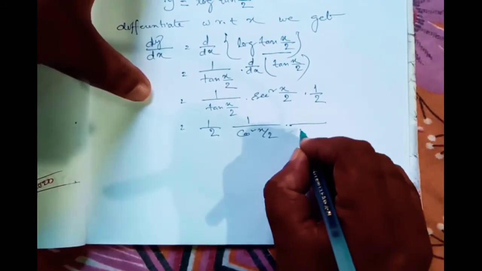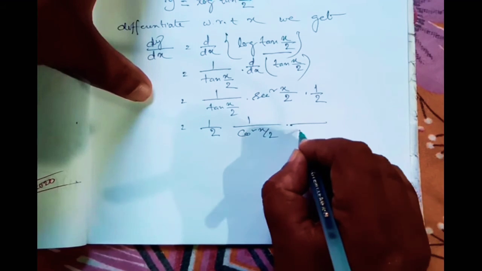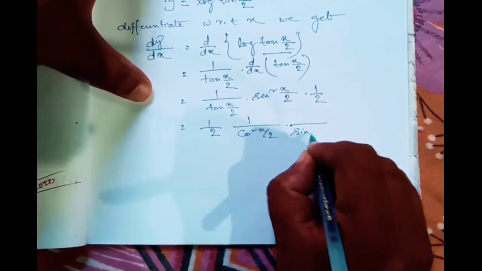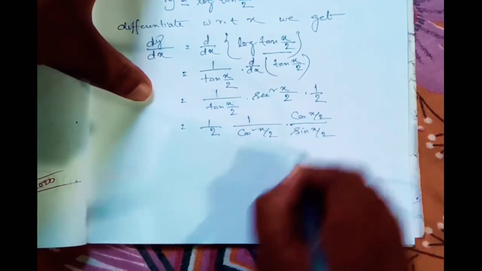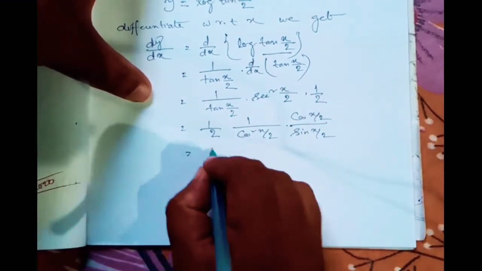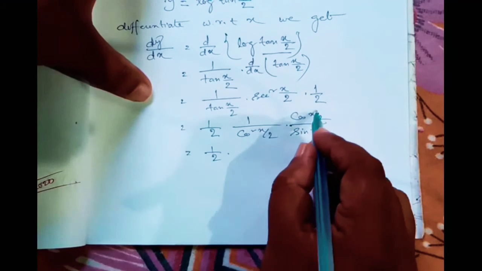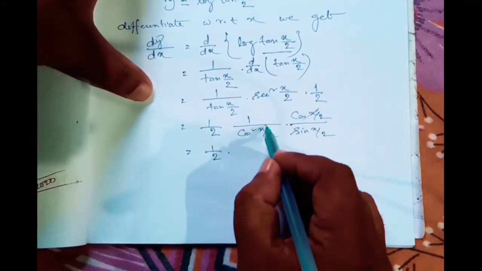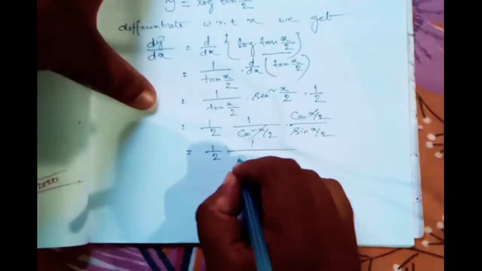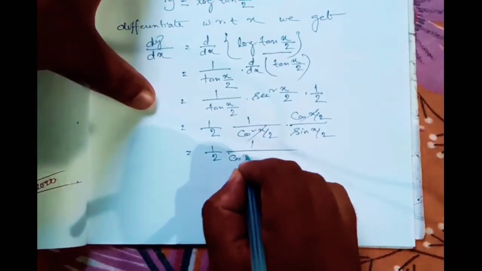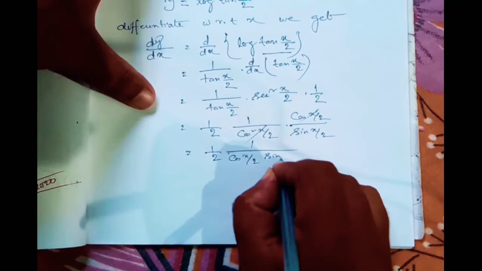Tan means sin x by 2 over cos x by 2. 1 by tan x by 2 is given, so that means half into, cos should be cancelled. So we are getting cos x by 2 sin x by 2.